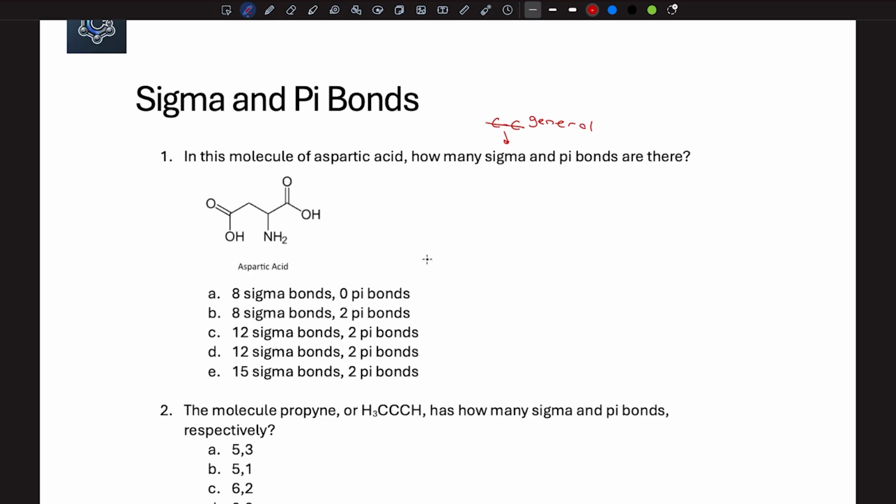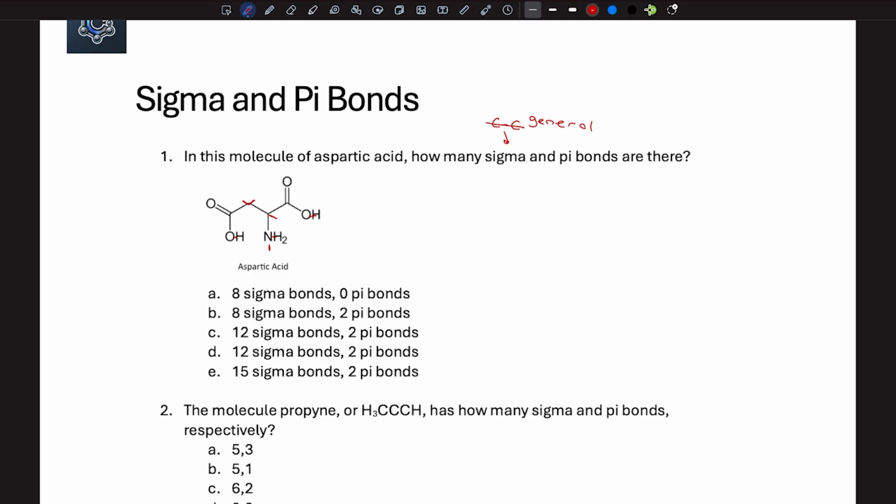And so what's important is that we should mark where our sigma bonds are. I'm going to draw a little dash here to show these two hydrogens and this hydrogen branching off of here, as well as off this oxygen. And I will also have two hydrogens coming off this carbon and one hydrogen coming off here, and that should cover all of them.